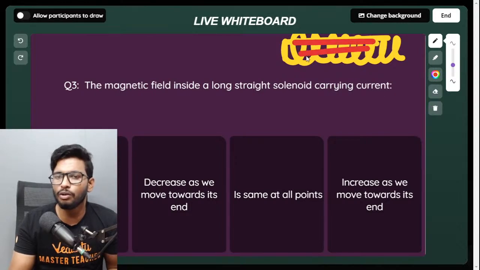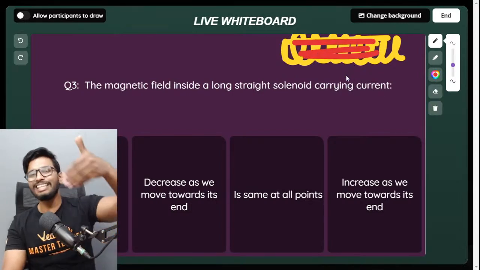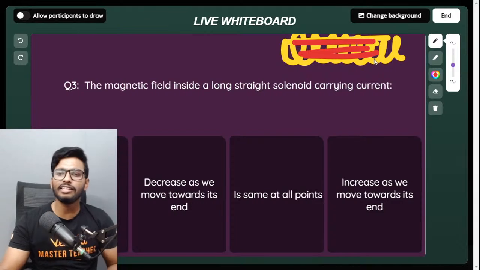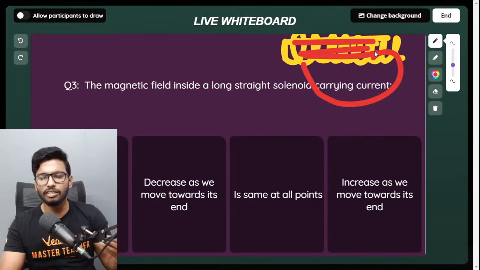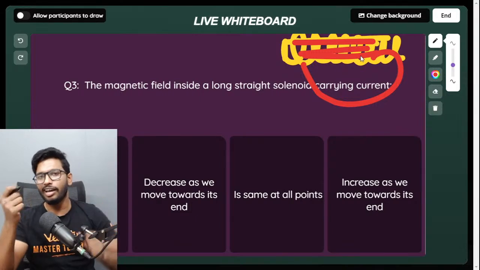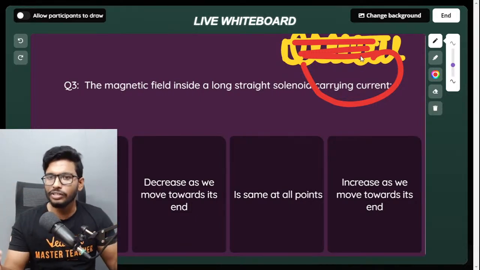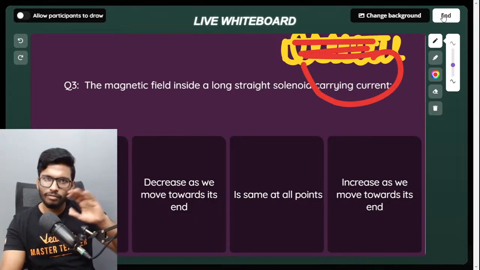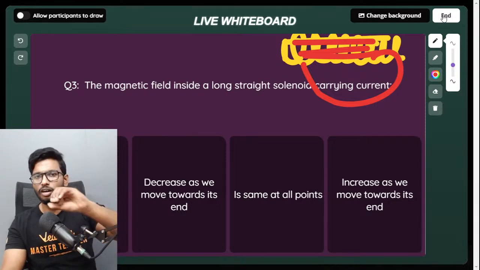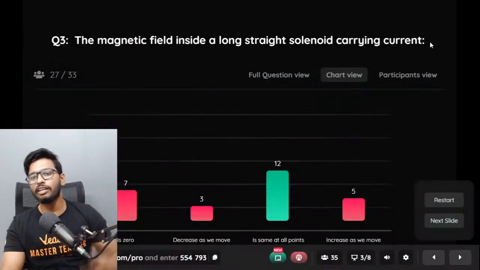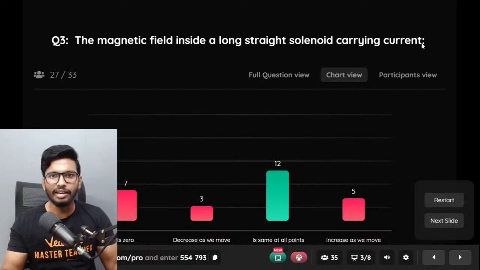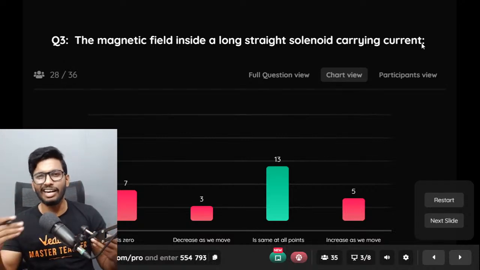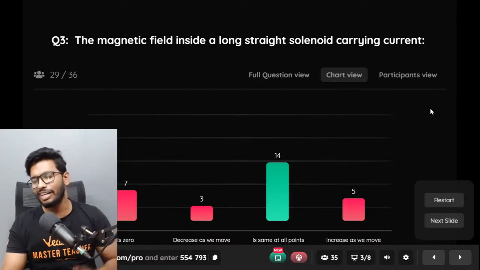Here also it's moving from south to north. So it's going to be uniform inside. Outside, wherever the field is weaker, there'll be a lot of space in between the lines, and if it's stronger, they'll be much closer to each other. So inside, the magnetic field lines are going to be very consistent and uniform. Outside, it's going to be like a bar magnet. And you guys know what magnetic field lines look like in a bar magnet, no? So it's going to be very similar to that.